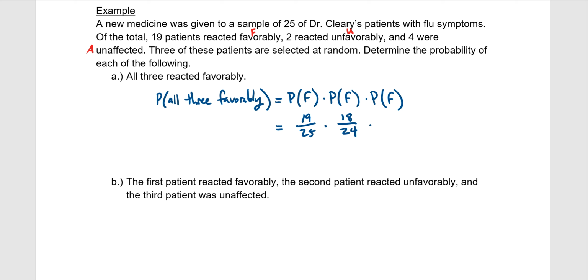Since we took 2 out, there's going to be 17 favorables left, and then 23 total patients left. So you can see how we're just subtracting 1 in the numerator and denominator here. So when we multiply this straight across, we're going to get 969 divided by 2,300 as our probability.